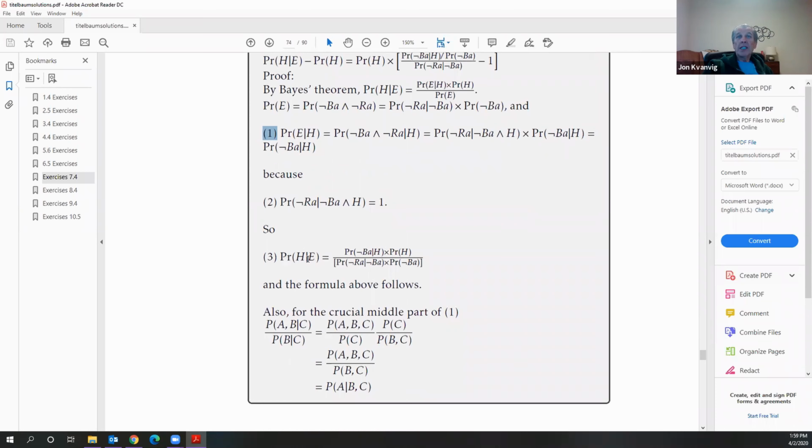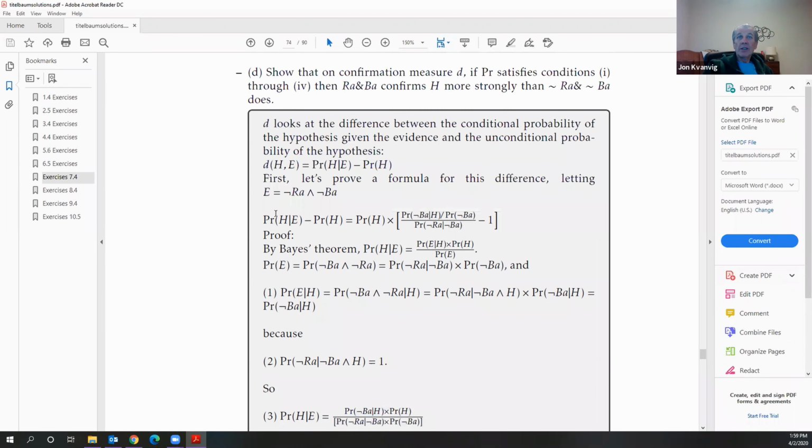So the probability of H given E is this fraction, that over that, and the formula above follows from that.